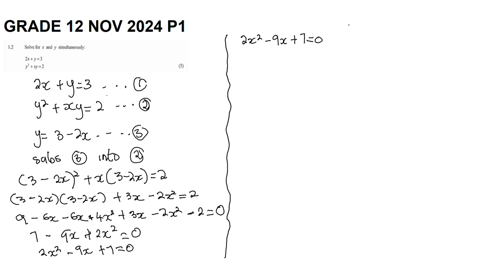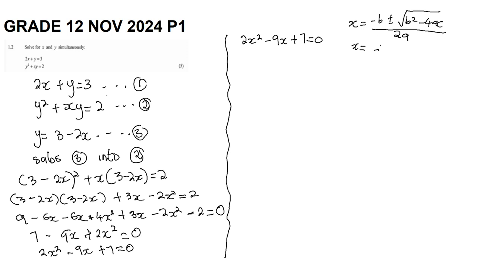You're just going to use the quadratic formula to solve this. So we have x equals negative b plus or minus the root of b squared minus 4ac, all divided by 2a. So guys, this is the quadratic formula.